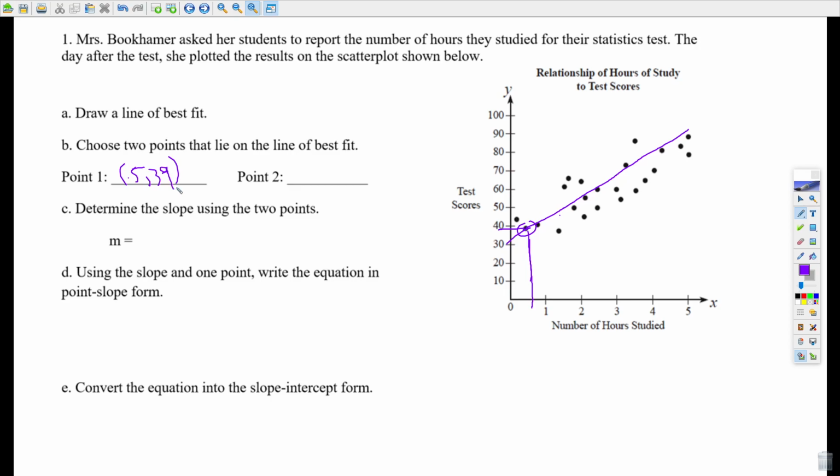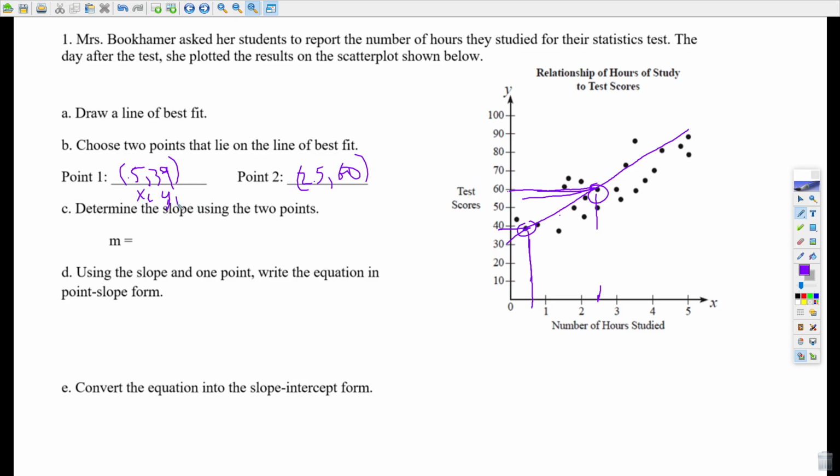I might need a calculator for this one. And then I'm going to pick another point. Let's say I hit this one here. That would be, let's just say it's 2.5. This is going to be an estimate, so it's not going to be perfect. 2.5 and probably close to 60.